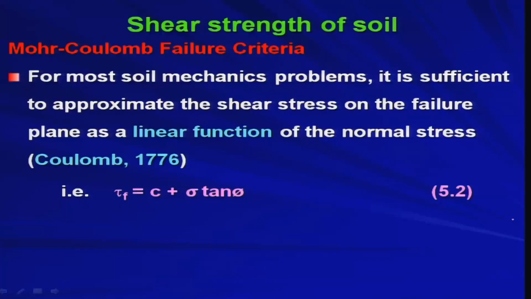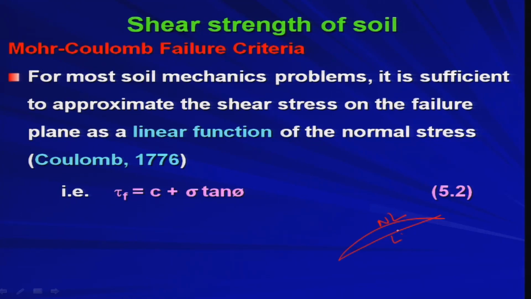So, earlier you were getting this kind of failure envelope. Now you are approximating this nonlinear failure envelope as linear, as per Coulomb. So, this nonlinear failure envelope is becoming a linear failure envelope by choosing Coulomb's failure criterion.